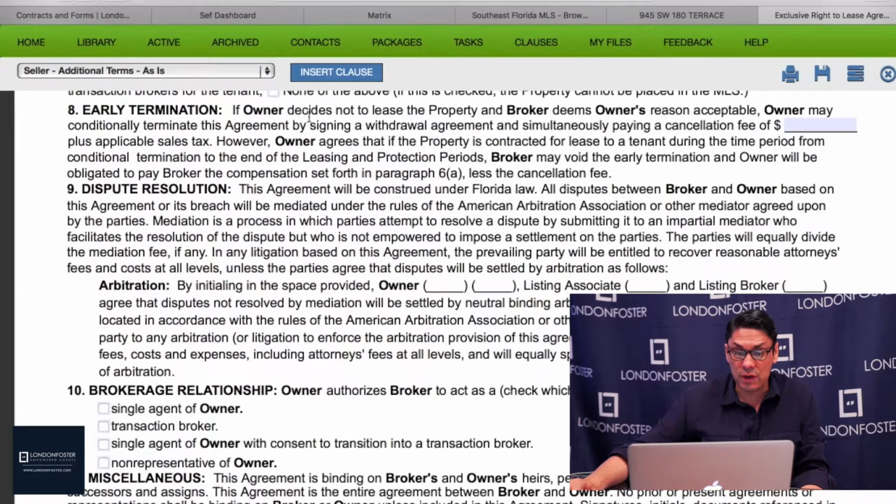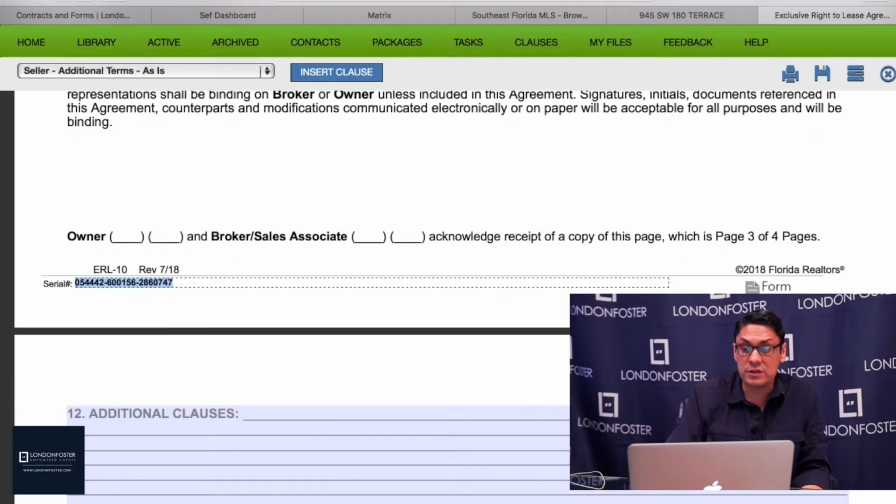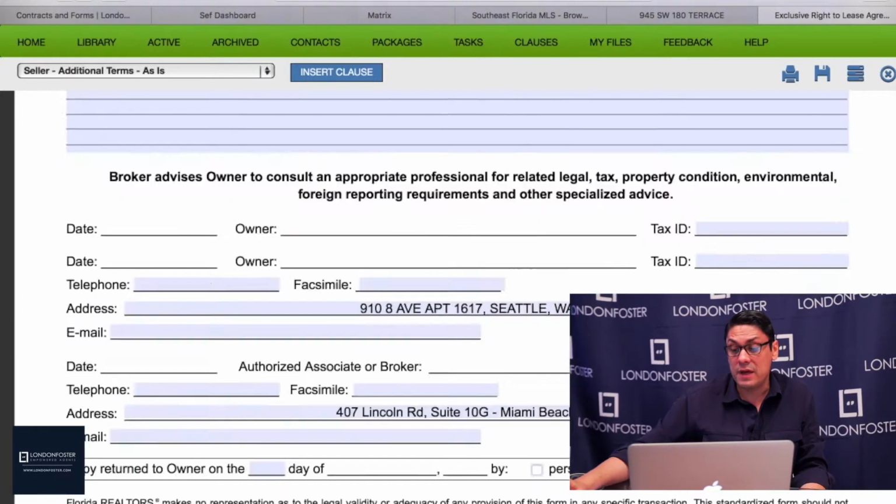Early termination. If the owner decides not to lease the property, the owner has a reasonable reason, and the broker deems the owner's reason acceptable, the owner may conditionally terminate the agreement. Now what we say here is that we're going to be paid a cancellation fee. More common on rentals is a $500 fee.